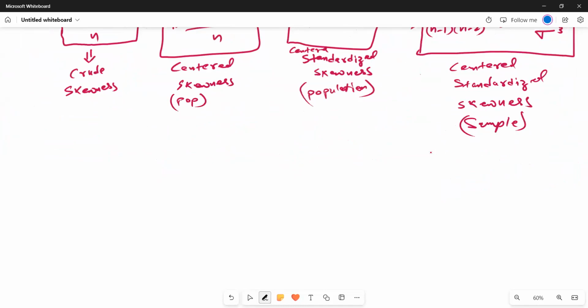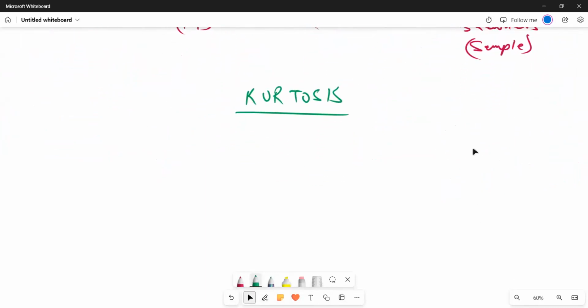And that part is kurtosis. Like how skewness tells you whether your distribution of the data is towards left or right, in the same way kurtosis, the 4th moment by the way, tells you about the peakedness of the distribution, right?